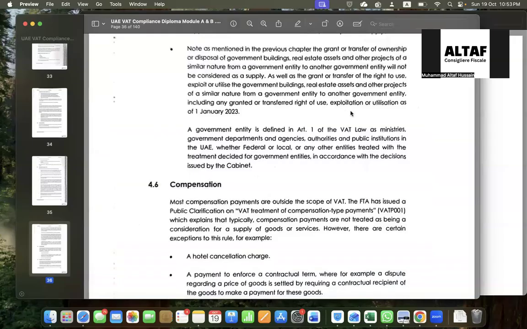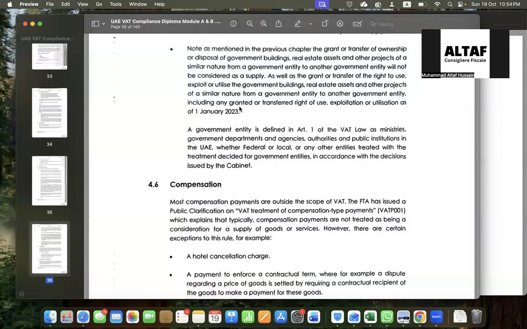But there's a time limitation. So let me read this. As well as the grant or transfer of the rights to use, exploit, or utilize the government building, real estate, and other projects of similar nature from a government entity to another government entity, including any granted or transferred right of use, exploitation, or utilization as of 1 January 2023.